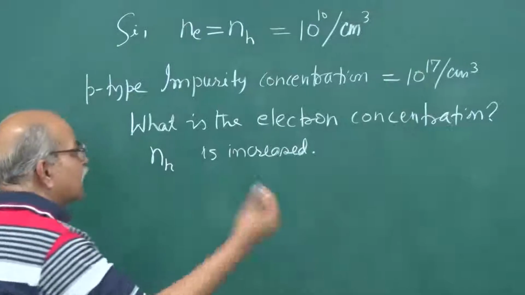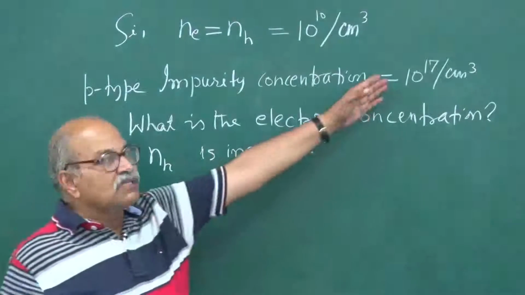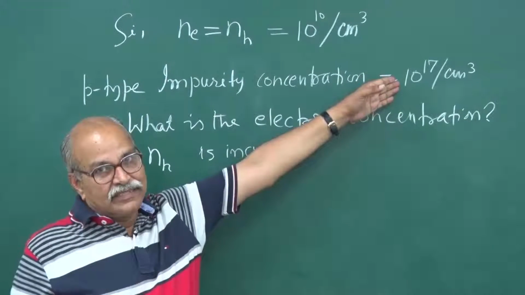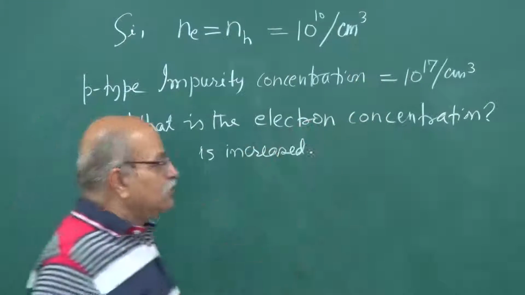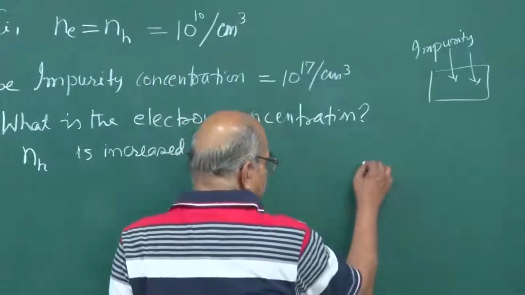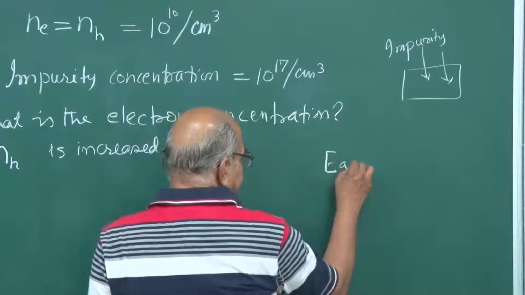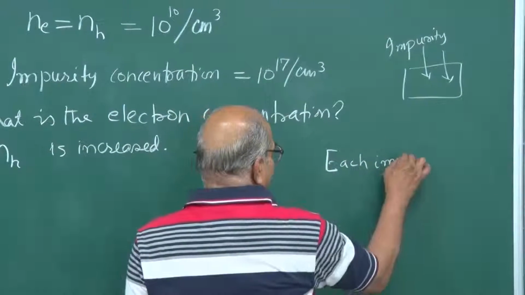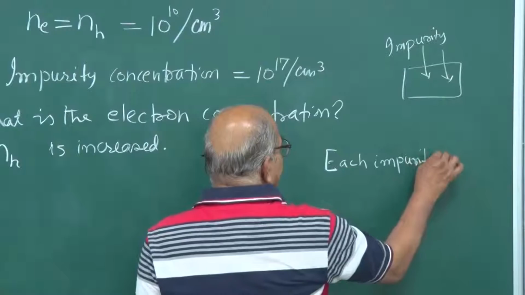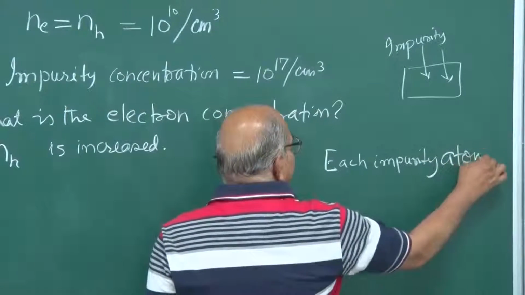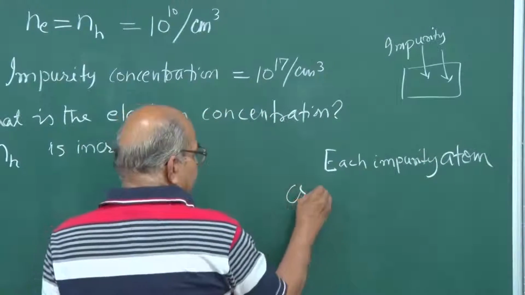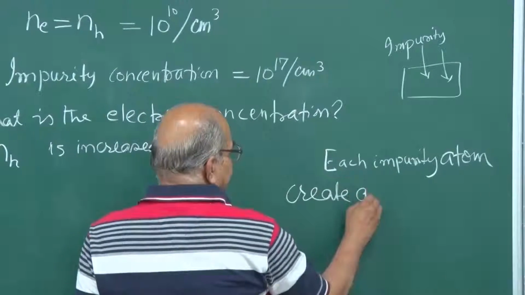And how much does it become? It becomes almost the same as the dopant concentration, because remember, each impurity atom that you are bringing in creates an impurity level.